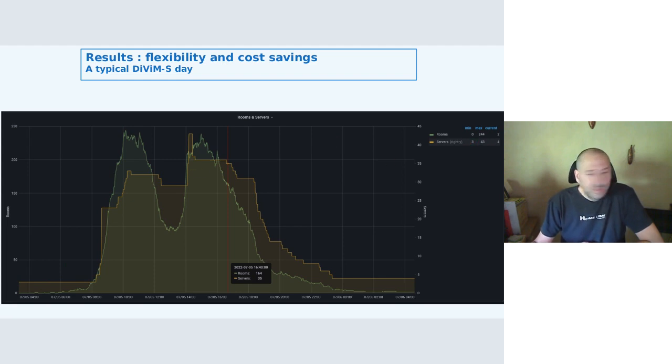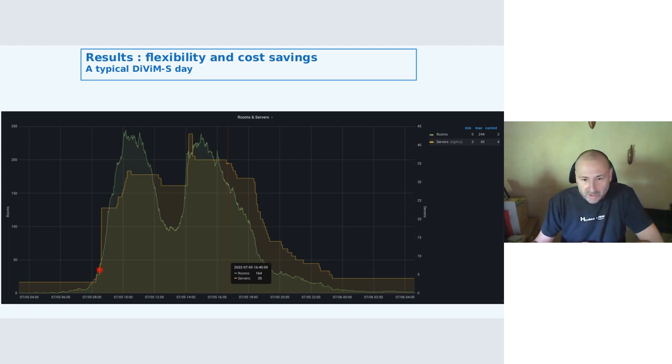So during the night until 8 AM, there are very few conferences. The green line is very low. And the number of servers is at its minimum, 3 here. By 8 AM, you see that the green line goes up, and Divim-S reacts by launching new servers.